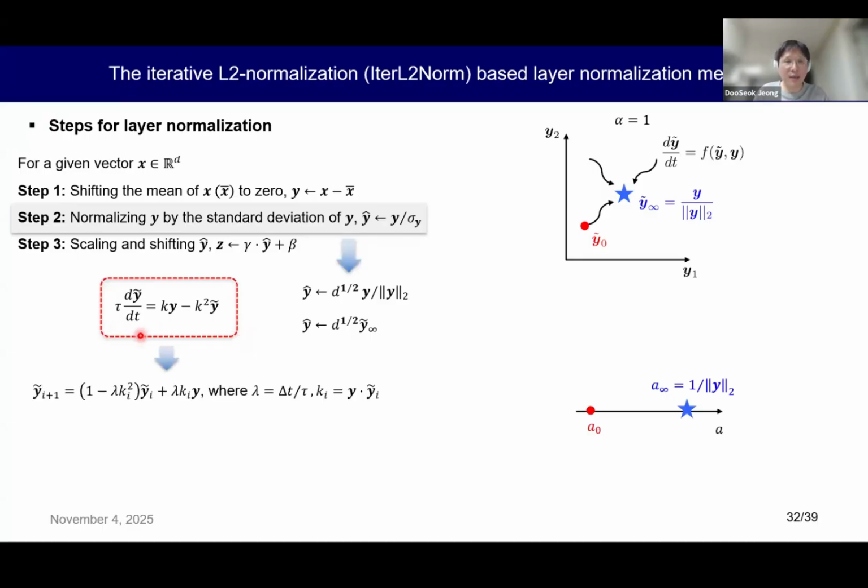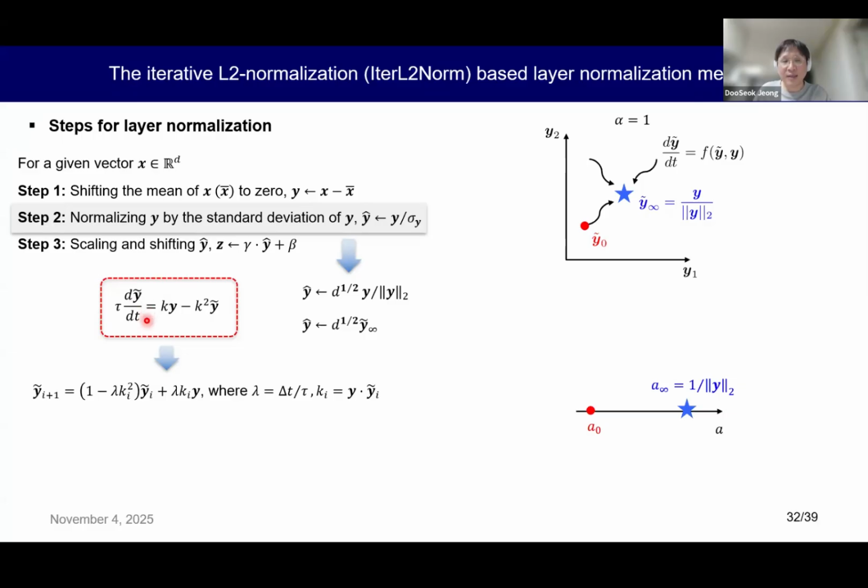But the good thing is that if you initialize y tilde in a way that it is initially aligned with the initial vector y, then you can think of y tilde as a scalar multiple of the input y, right?